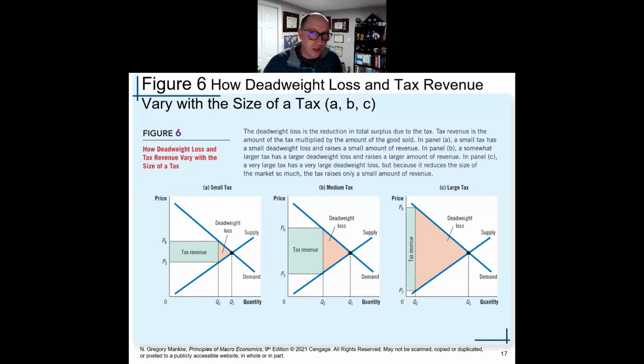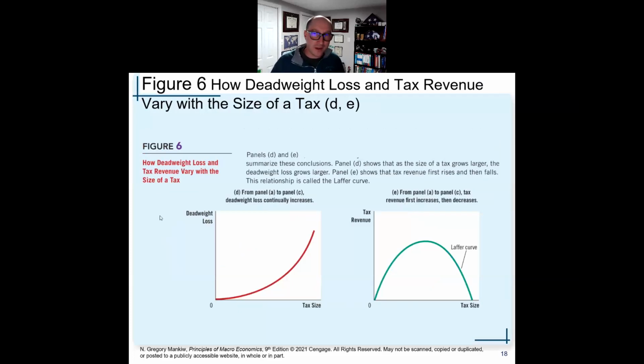Letter C represents a shift in the tax rate. So taxes went up on a particular good or service. We see that the initial tax revenue was huge, and then all of a sudden it dropped off. Why? Because the demand went way down as soon as the tax went way up, right?